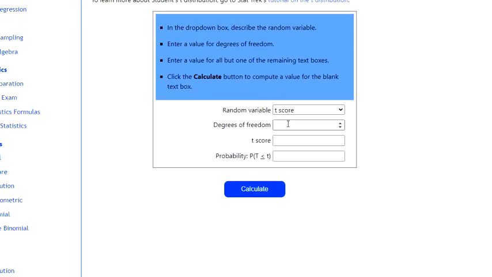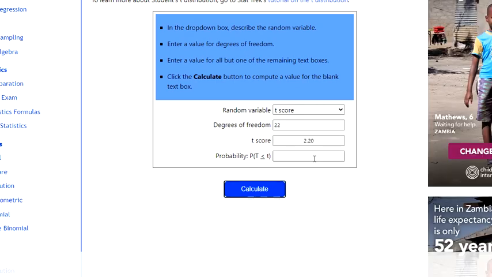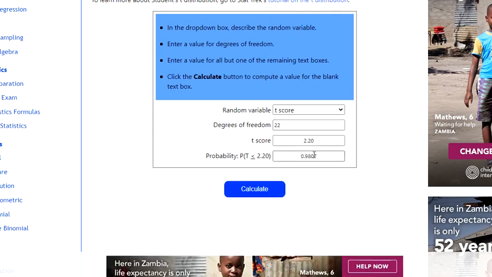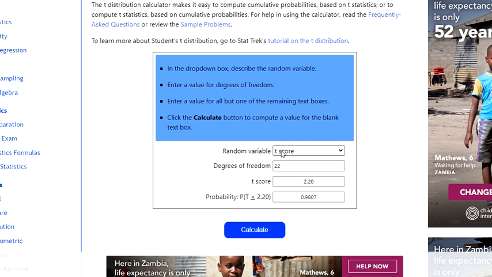Yeah, this next one I think I've used before. So if you had 22 for your degrees of freedom, and a t-score of 2.20, you could click calculate, and it will give you the left tail probability. See how it's saying less than 2.20. So you'd want to subtract that from 1, and that would give you the right tail. And that's just one tail, so then you'd have to double that.